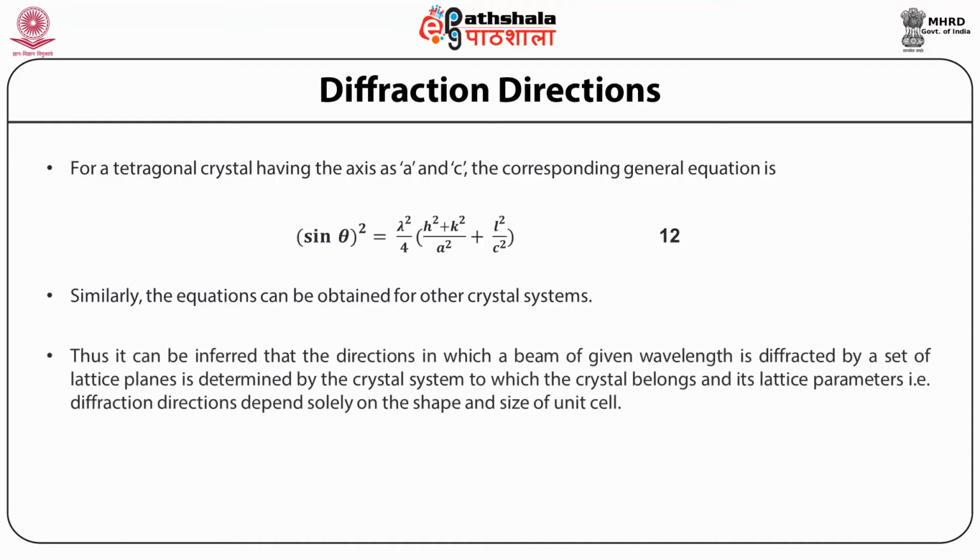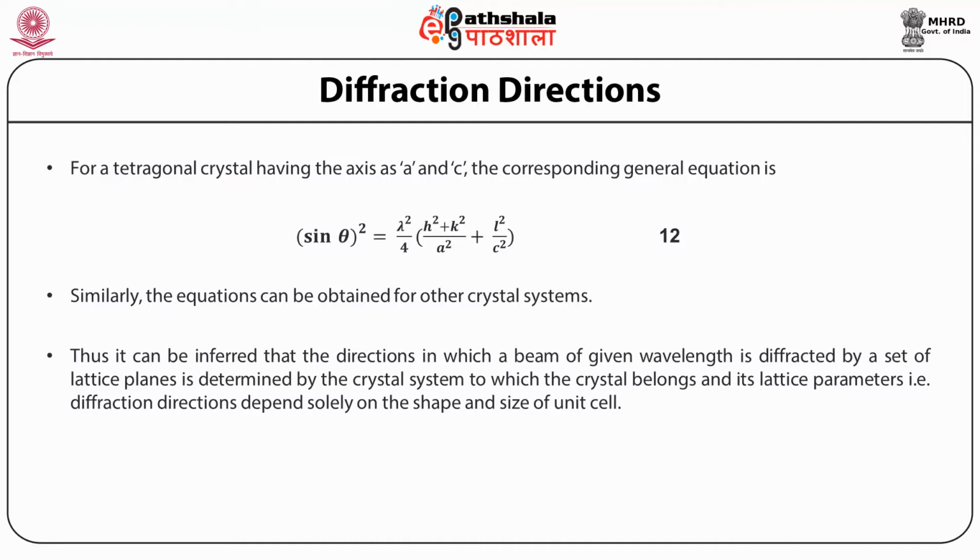Thus, it can be inferred that the directions in which a beam of given wavelength is diffracted by a set of lattice planes is determined by the crystal system to which the crystal belongs and its lattice parameters.